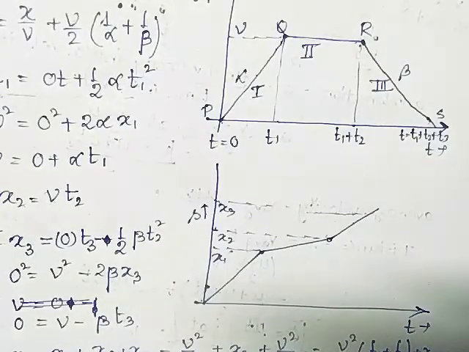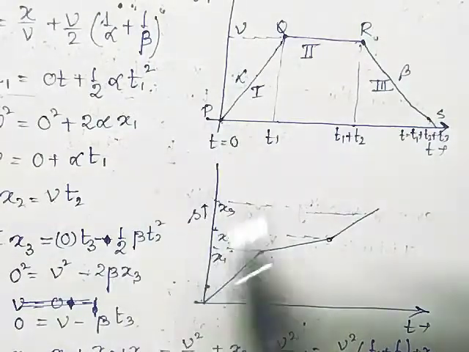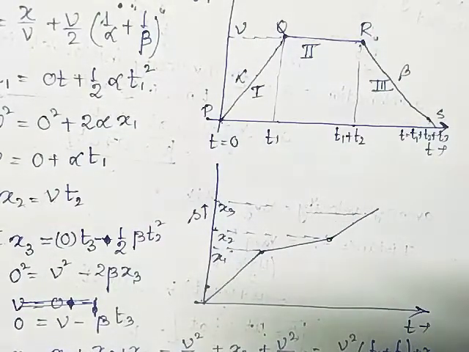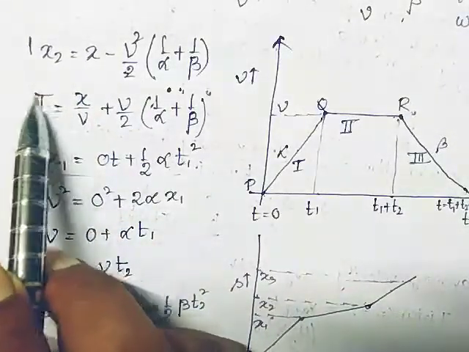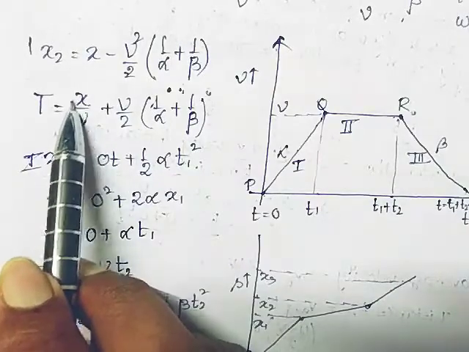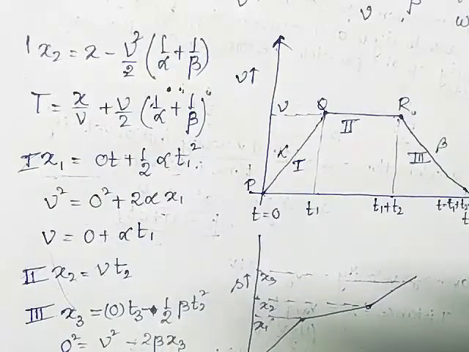This type of problem can come in your exam, also with numerical values. Sometimes the numerical values are given from the graphs. Here the acceleration's value is given, sometimes the retardation values are given, sometimes it is said that it runs for this time interval, find out the total time interval. Or if we cover the total distance in the odometer, and you know the maximum velocity attained and the acceleration and retardation.